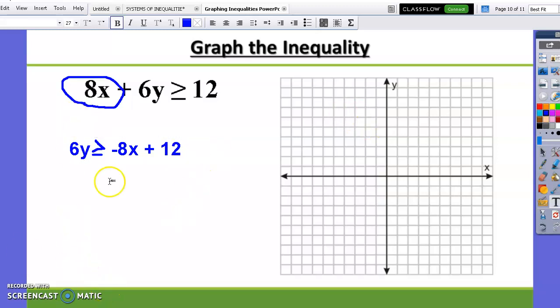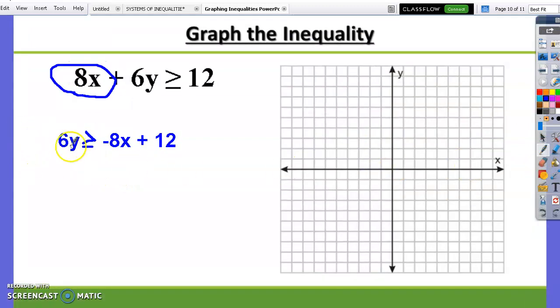Okay. Now, this is not an equal sign, it's an inequality. So if I have to divide by a negative number, I need to change this inequality. So the number that I'm dividing everything by is 6. Because it's a positive number, I don't have to flip my inequality. If this was a negative 6, I would flip this from a greater than symbol to a less than symbol.